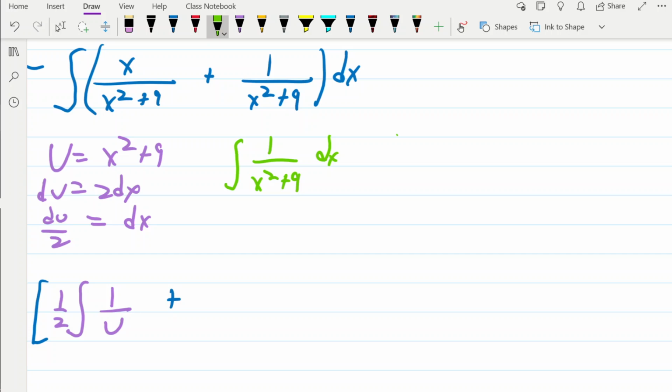Wait, no, I think I can, if I remember correctly. Except because if I remember, it was 1 over a squared plus x squared, tangent inverse. I don't remember if it was 1 over a in the front, though. It was either 1 over a, or it was just a in the front.